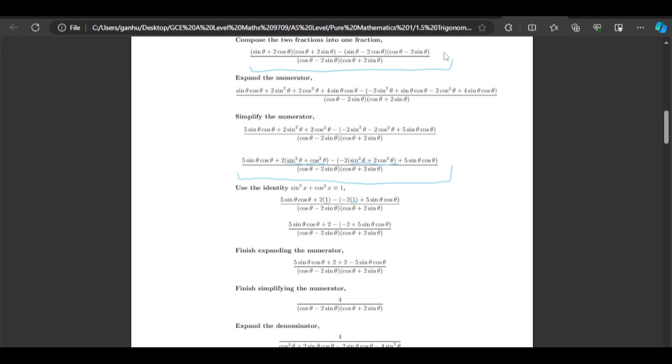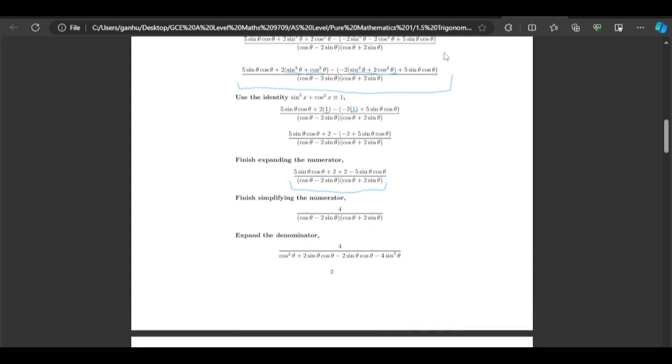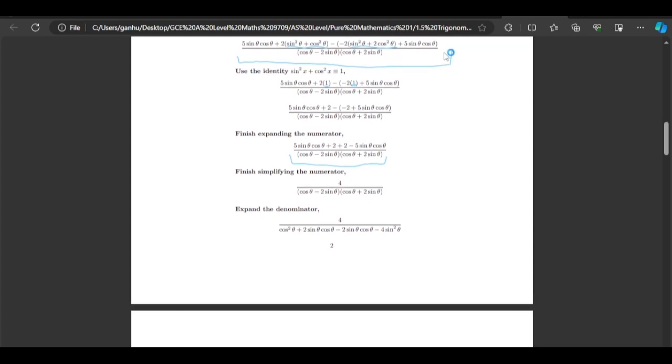If you simplify your numerator, you then end up with 5 sine theta cos theta plus 2, and then simplify that, and you should end up with 5 sine theta plus 2 minus 5 sine theta cos theta over (cos theta minus 2 sine theta) times (cos theta plus 2 sine theta). And if you simplify that, your numerator will simplify to give you 4.